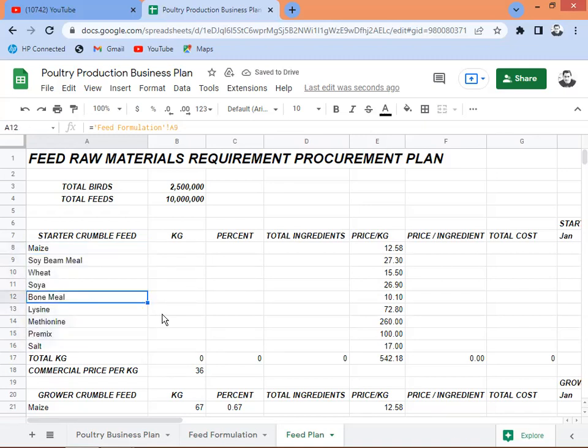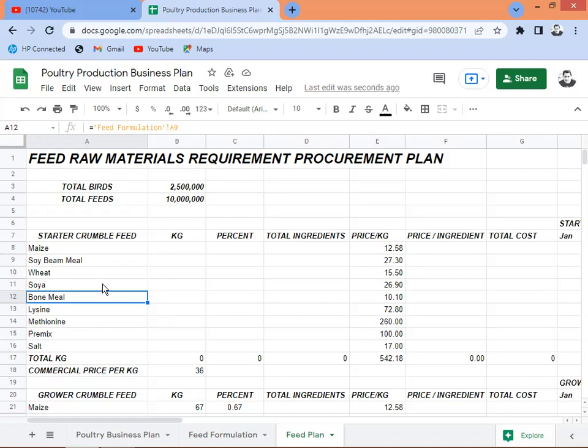Okay, just a disclaimer. This formulation is based on the standard that we're using to formulate and produce our own feeds. This is not the actual formulation that is required for any broiler chicken production requirements for feeds.